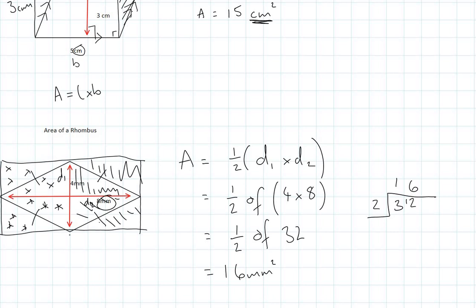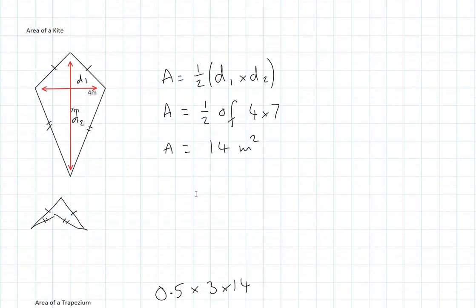So altogether the area of the rhombus in the middle is half of the area of the whole shape. Now that rectangle has got a height that's the same as this diagonal one and a breadth that's the same as this diagonal two, so you're just halving your length times breadth, diagonal 1 times diagonal 2.